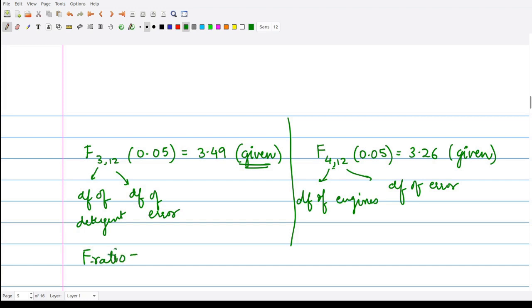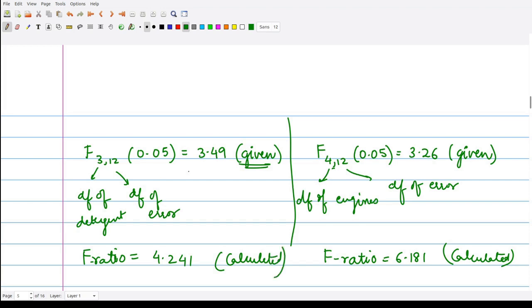So we'll compare this value with the F ratio. The F ratio which we calculated for detergents was equal to 4.241, and in this case for engines it was equal to 6.181. This we have calculated. Now according to these given values, we'll write down our region.